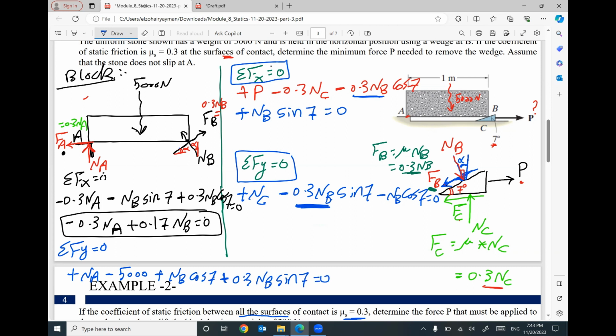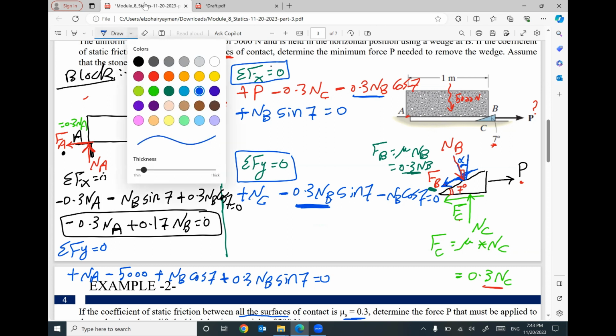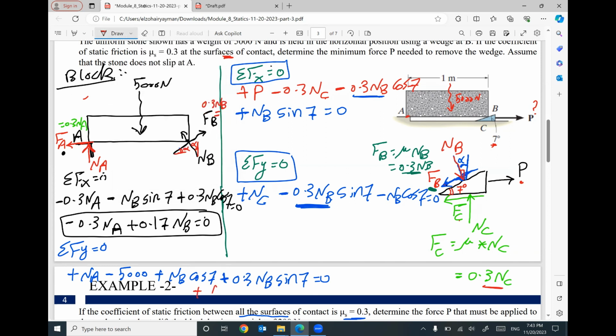For each of these two forces, we have x and y component. We can simplify these equations. So I can say positive NA minus 5,000 plus cosine 7 plus 0.3 times sine 7, equal 1.03 NB equals 0.